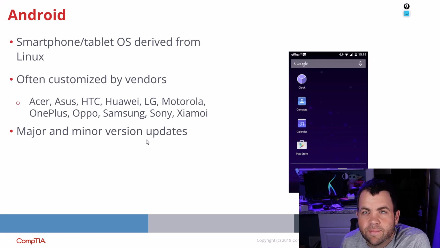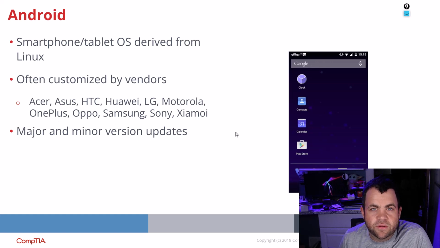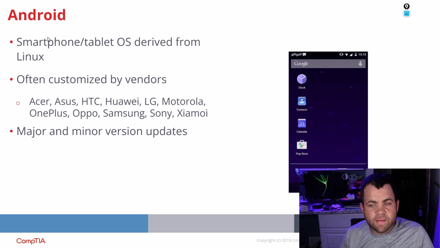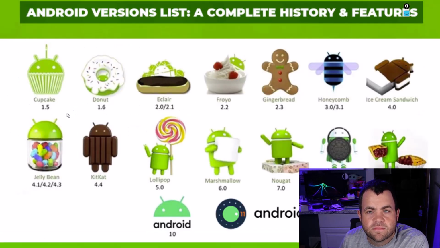Apple had just come out with their operating system, but those were the big players, and they didn't really give a lot of customization. So if Acer wanted to build their own mobile device, they had to create their own operating system, where now with Android, Google built this mobile operating system, and all of these vendors were now able to focus on what they're good at, which is making hardware, and then have that version of Android on top, okay?